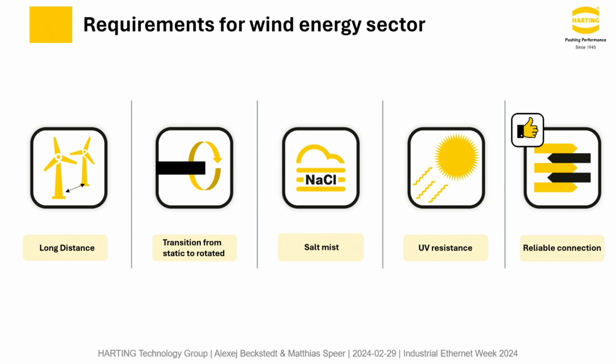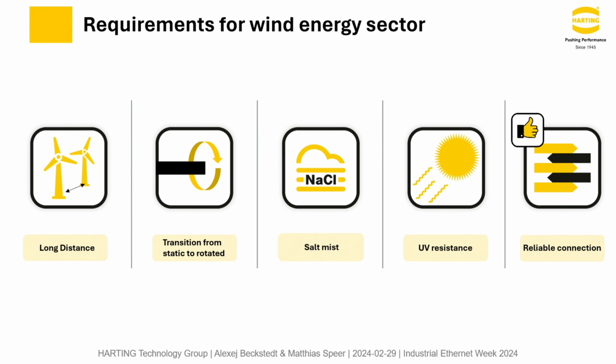Also, UV radiation is possible there, which can aggressively damage the plastic materials of components of cables, and therefore it is really necessary to choose the right cables in combination with connectors.